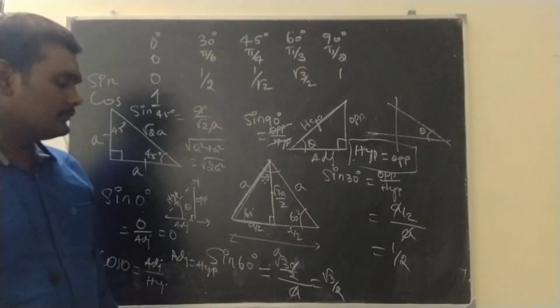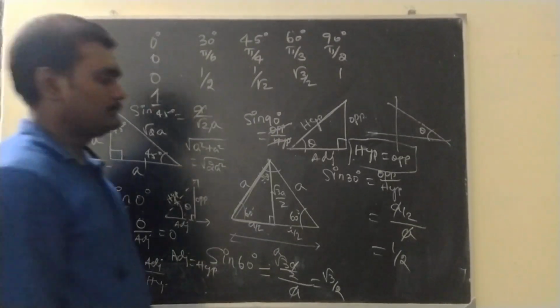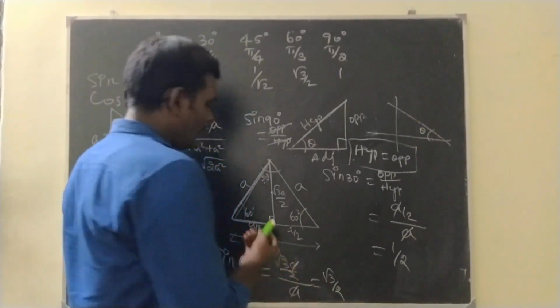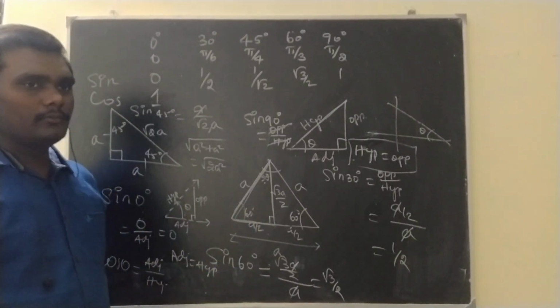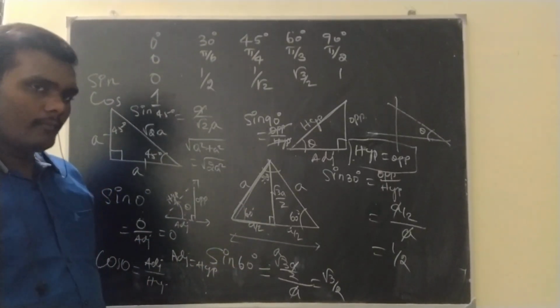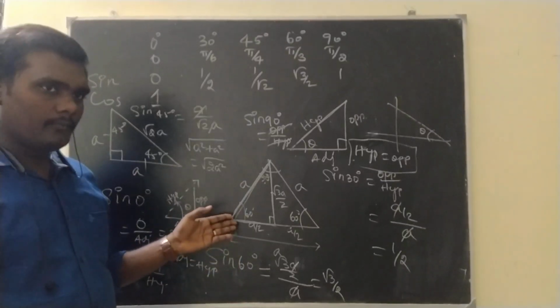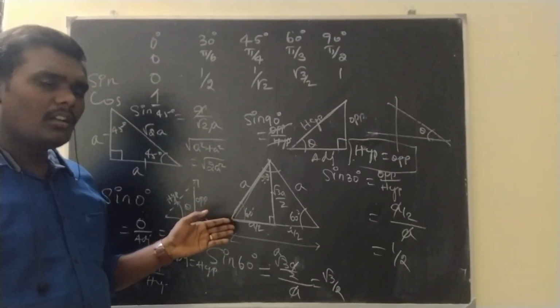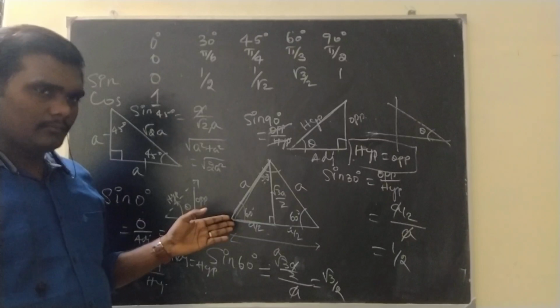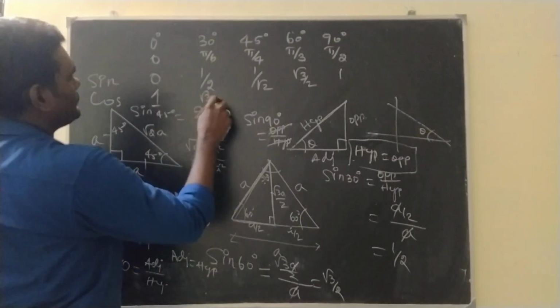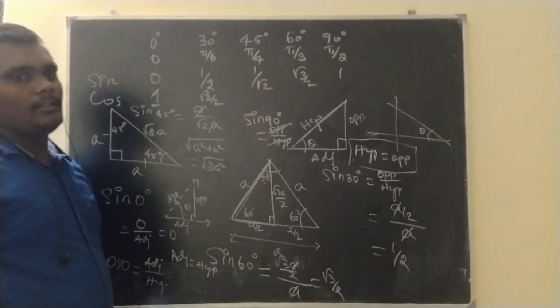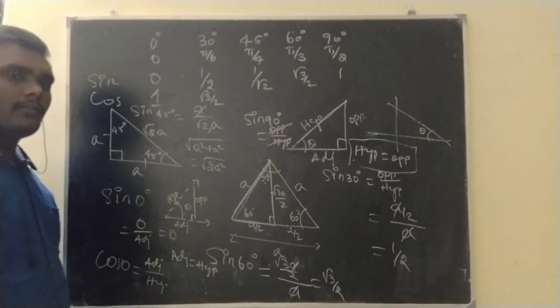Cos means what ratio? Cos 30 degree. What is adjacent side of cos 30? Root 3 a by 2, by a. Then root 3 by 2. Same like cos 45. Which triangle should we look for?